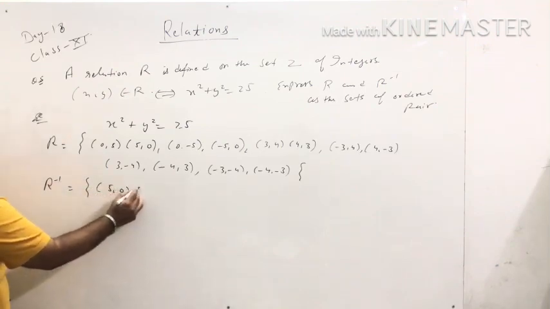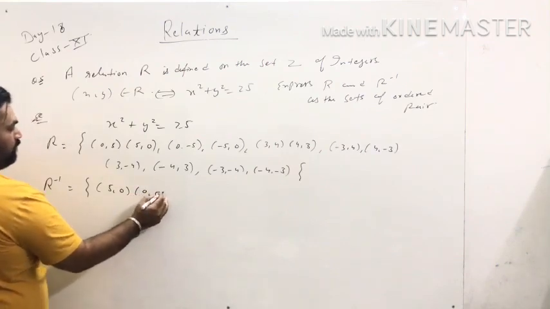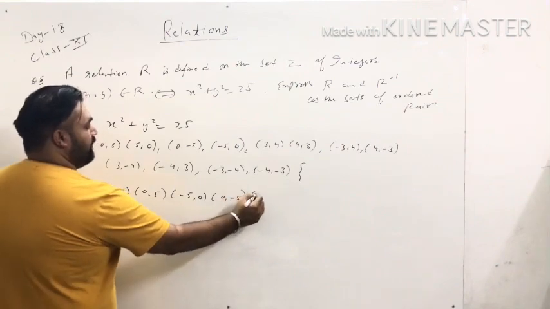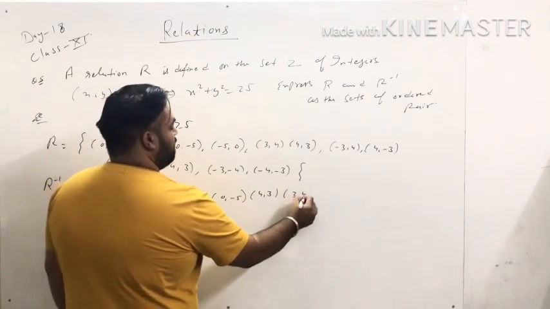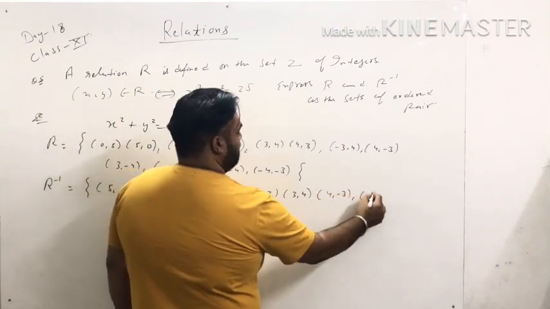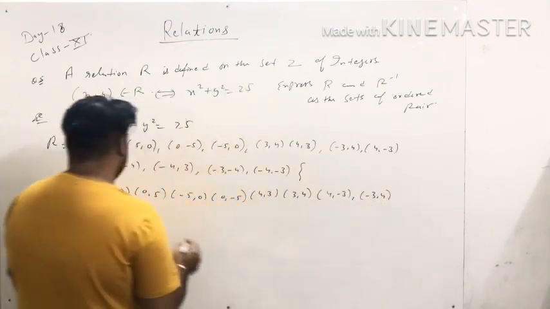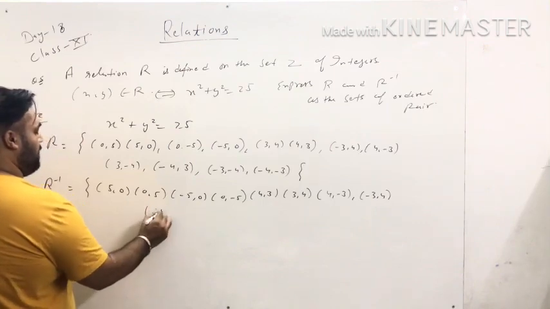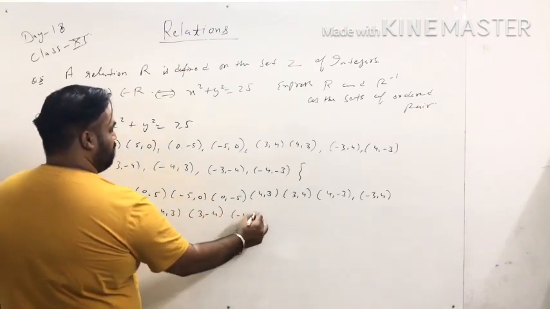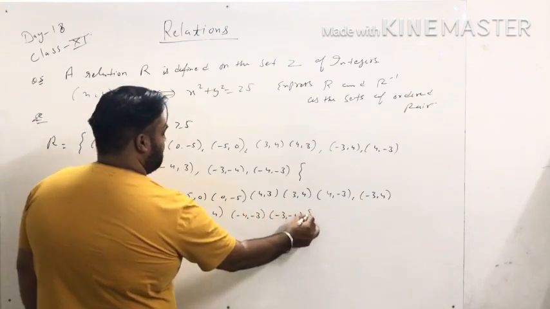So this is (5, 0), (0, 5), (-5, 0), (0, -5), (4, 3), (3, 4), (4, -3), (-3, 4), (-4, 3), (3, -4), (-4, -3), (-3, -4).